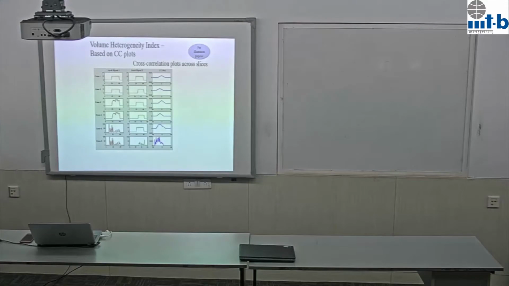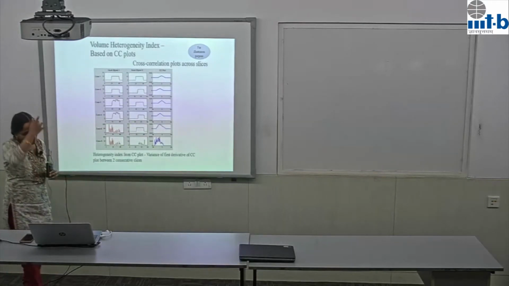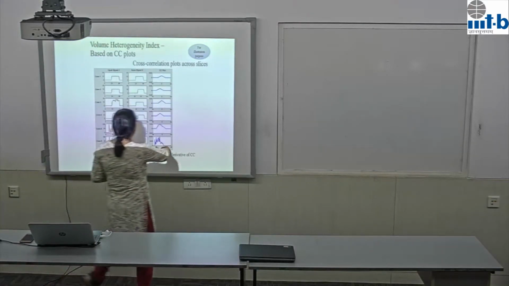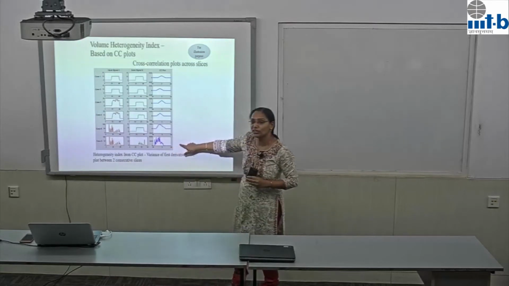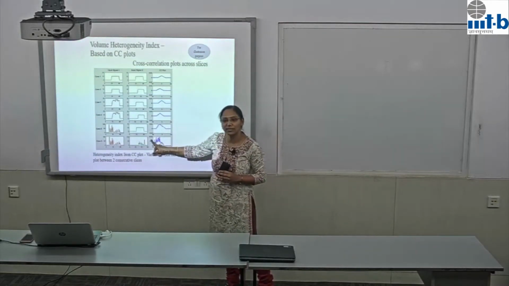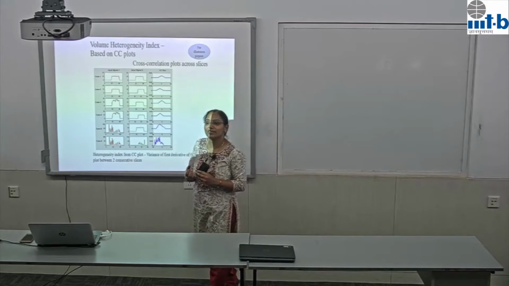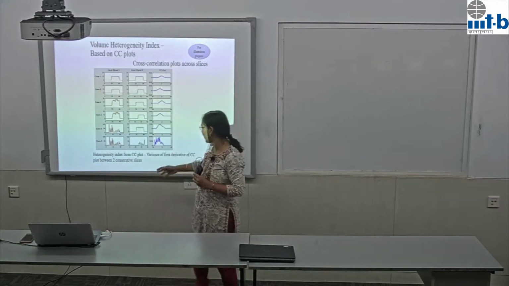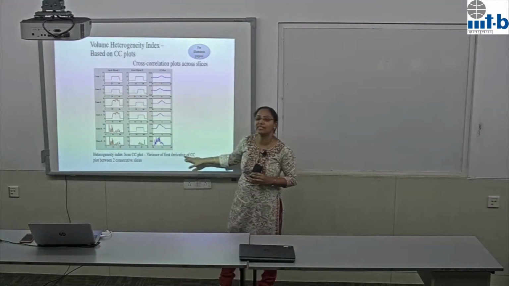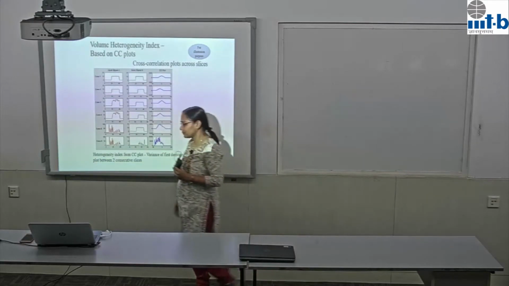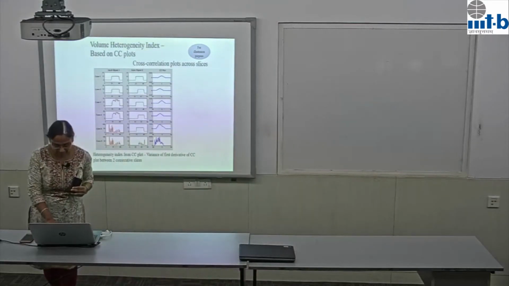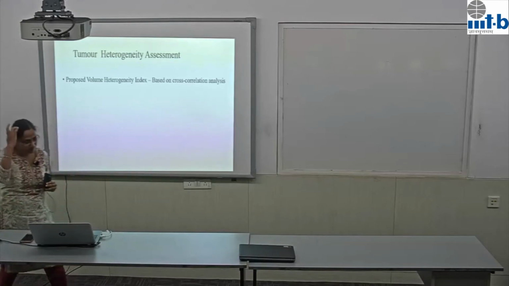So we thought if this can capture the essence of unevenness, we'll be through. From this jagged plot, we computed slopes at different points and looked at the variation in it. So we looked at the variance of the first derivative of the cross correlation. It's a very simple idea.